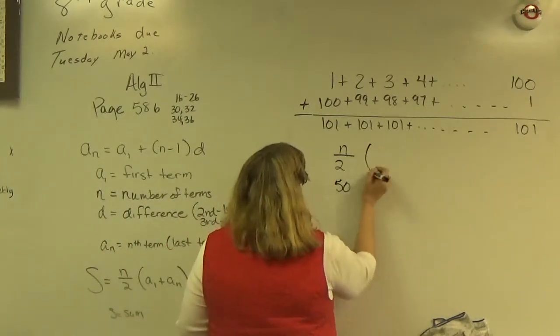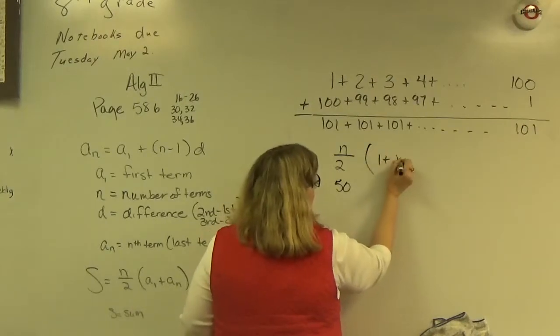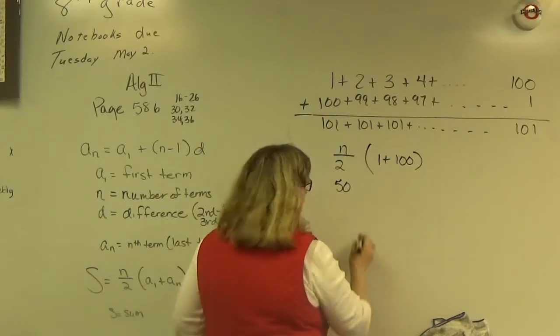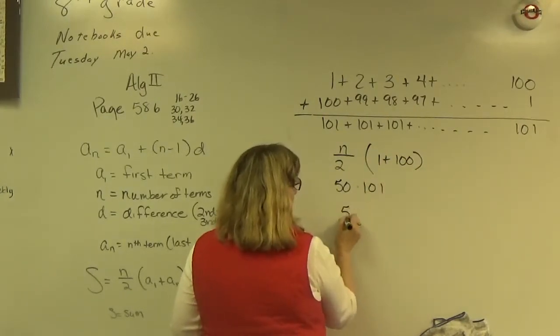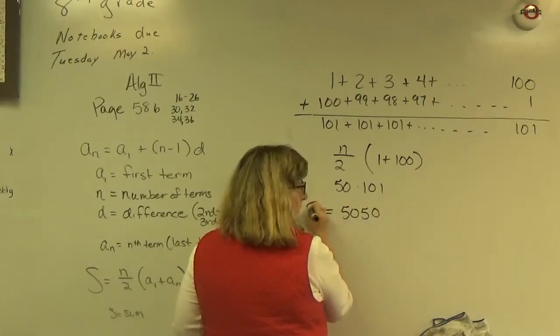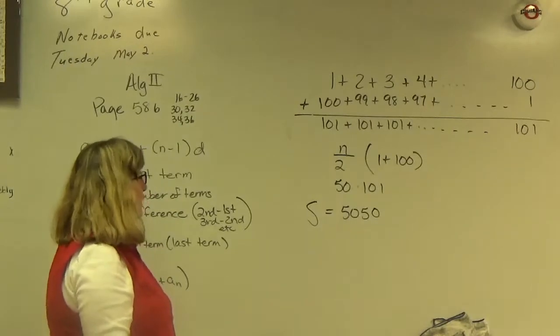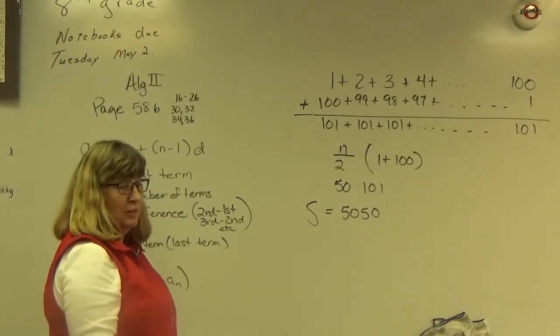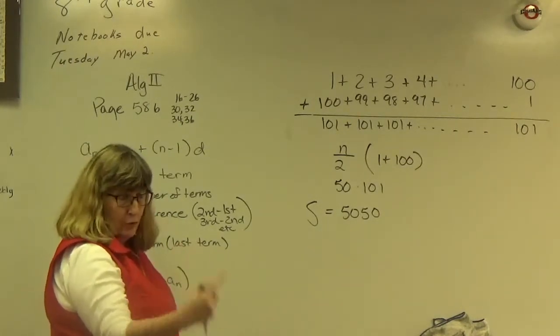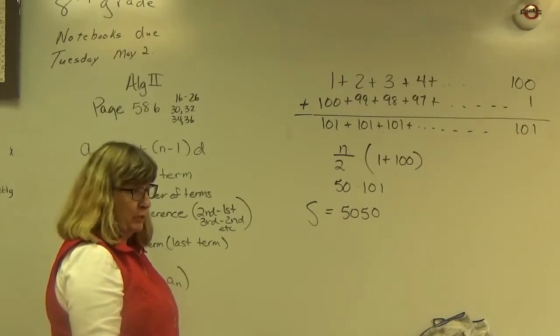Then he took the first number plus the last number, which is 101, and that gave us the sum. I always tell my students, if a 9-year-old can come up with the formula, you guys can certainly remember it.